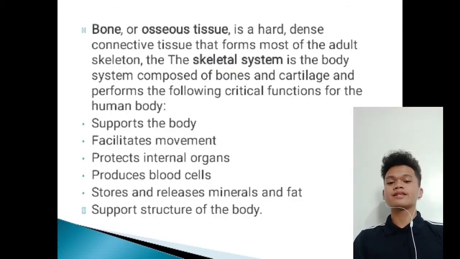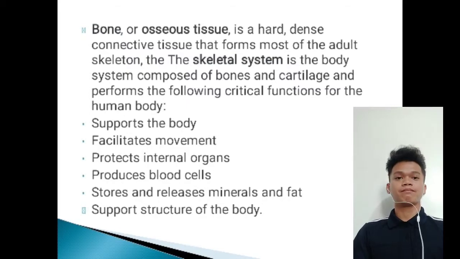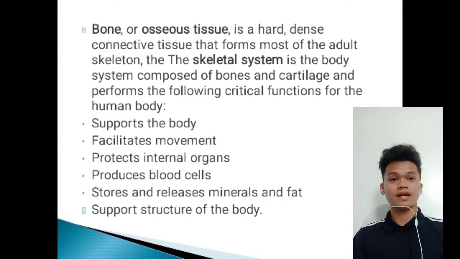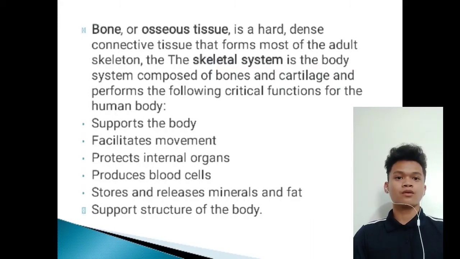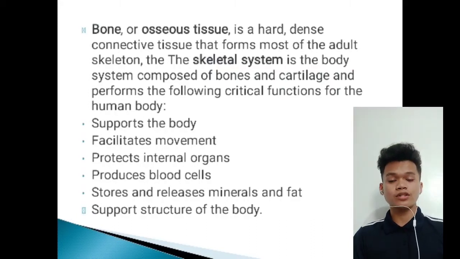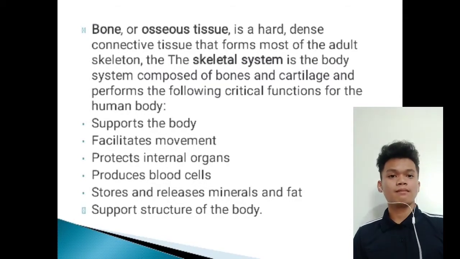The skeletal system is the body system composed of bones and cartilage and performs the following critical functions for the human body. First, it supports the body. Second, it facilitates movement. Without bone, we can't move, or we would move like a worm.